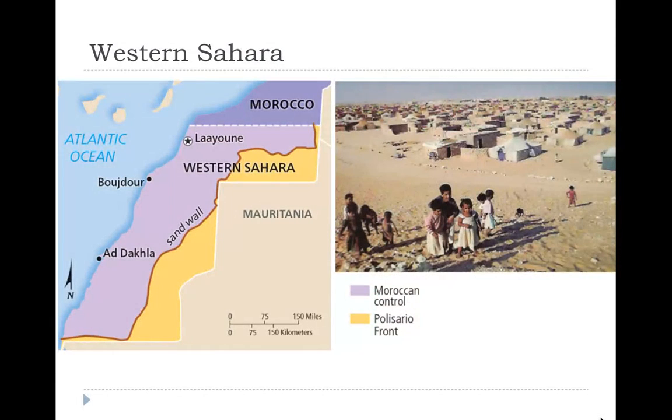Here's looking at Western Sahara, and so you can see that the light purple region is the Moroccan-controlled area, and then the rest of it is that orange-controlled area there, which is the Polisario area, and then in the north there you've got Morocco. So Morocco has claimed that southern portion of that area there as part of their own, and that's led to more problems as well.